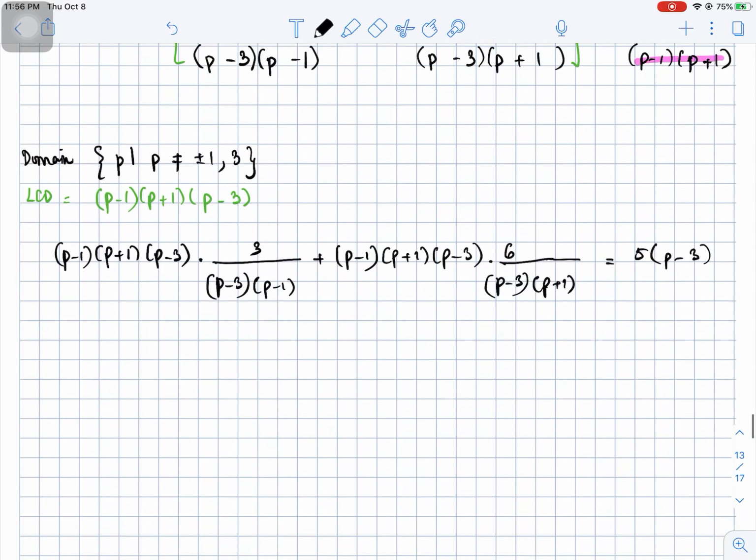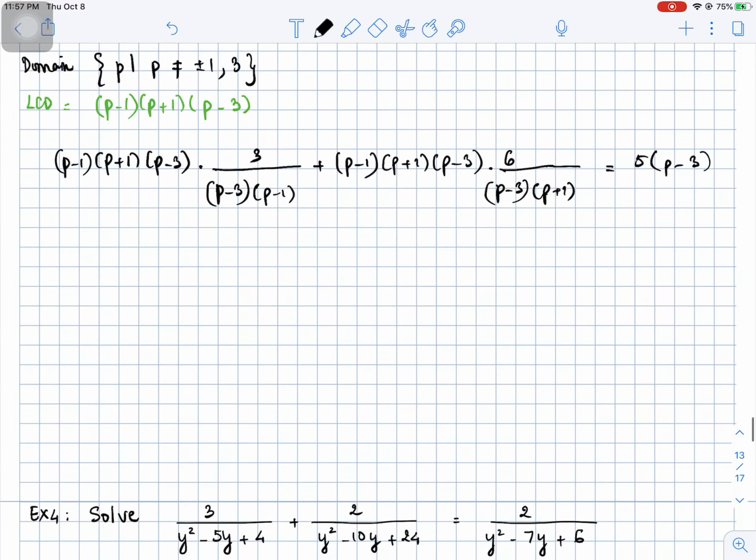And the right-hand side we do not need to distribute, and we can see we have something to cancel, the p plus 1 and the p minus 1. So what we have left is the 5 times p minus 3.